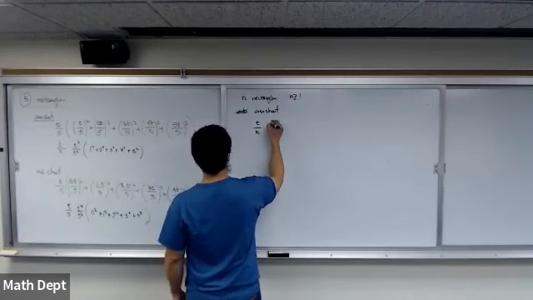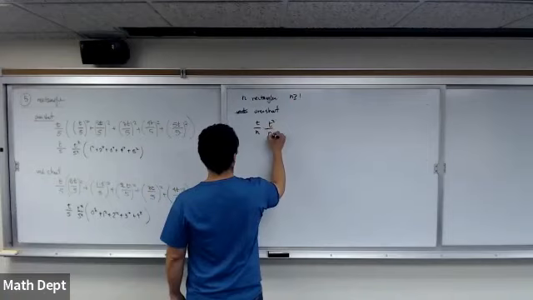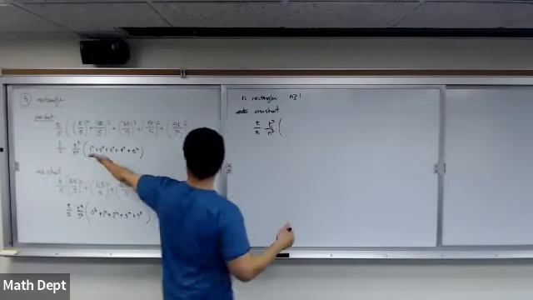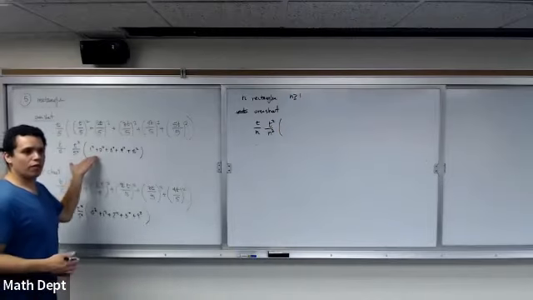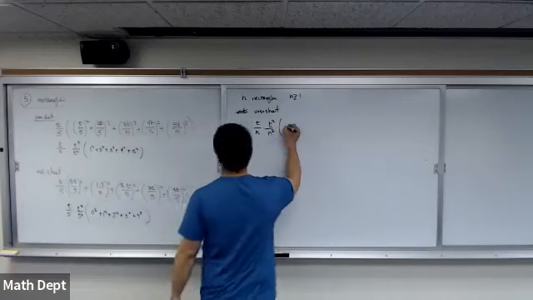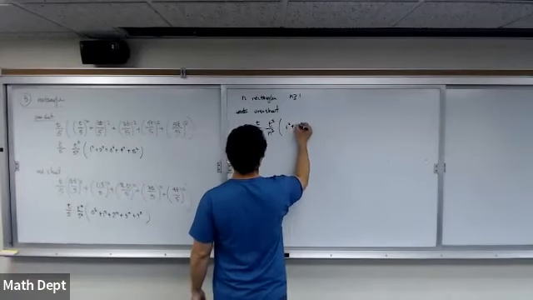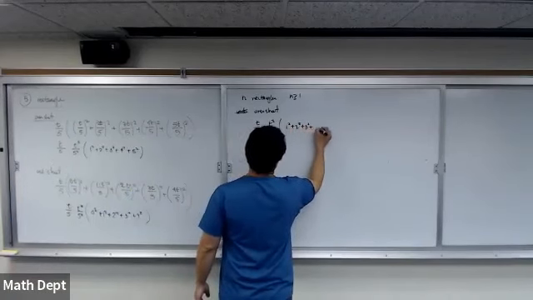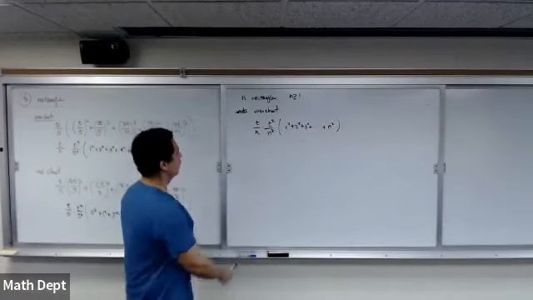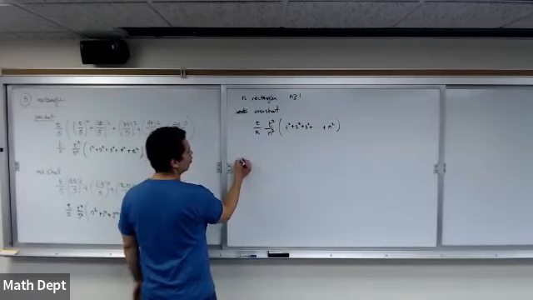Times t squared over n squared times. Look, what we have here is the sum of the first n squares. That would be 1 squared plus 2 squared plus 3 squared up to n squared. The positive n squares. What about the undershoot?